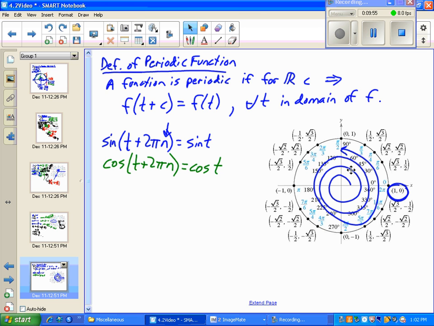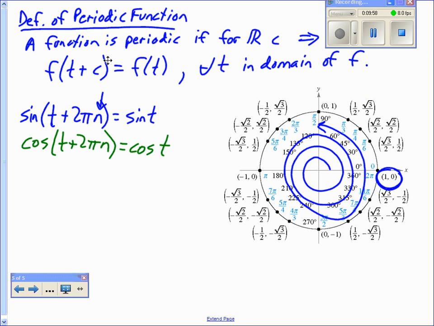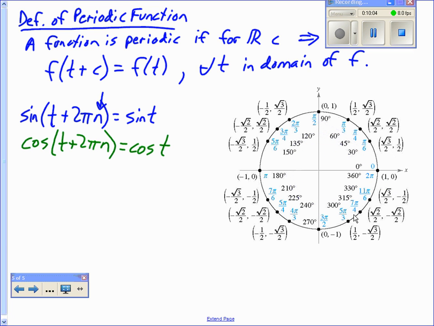So let's do cosine of 9 pi thirds. You look on here and wonder, there's no 9 pi thirds. So you have to break it up and figure out how many 2 pi amounts there are. Let's think in terms of 2 pi, except in thirds. 2 pi in thirds is really 6 pi thirds.